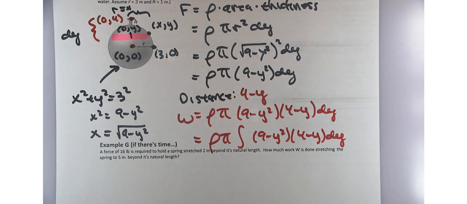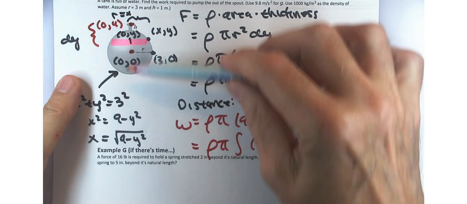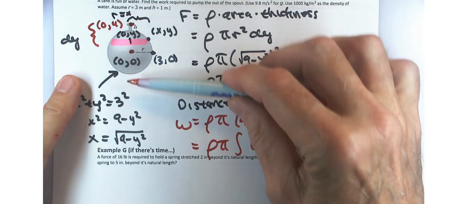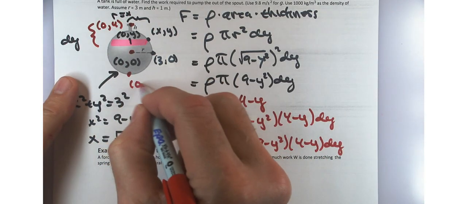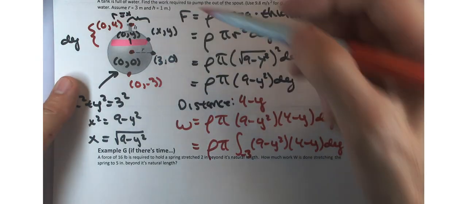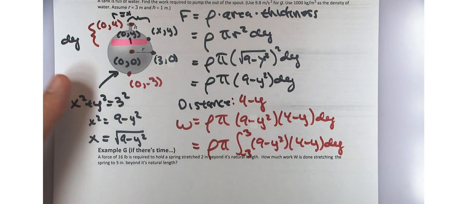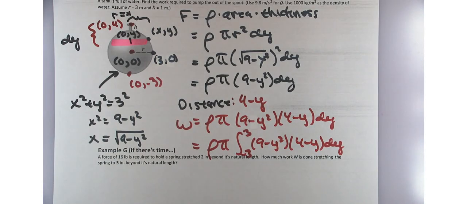So Brandon B, what's the lowest that I could go and still be within the range of this tank? Yeah, down here at 0, negative 3. So negative 3 up to where? 3. You want to completely cover this figure, so negative 3 to 3. Great. Looking good there.